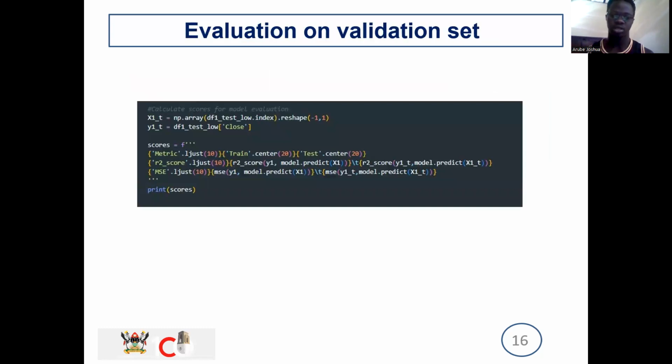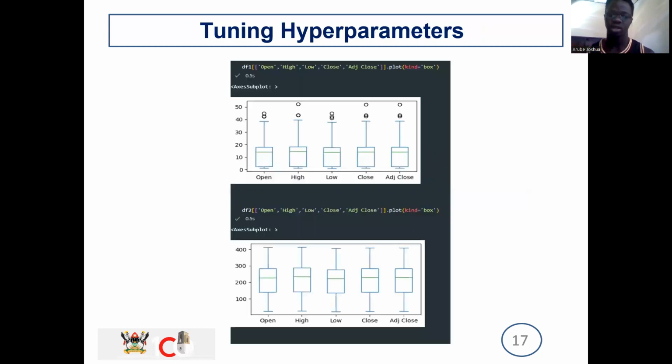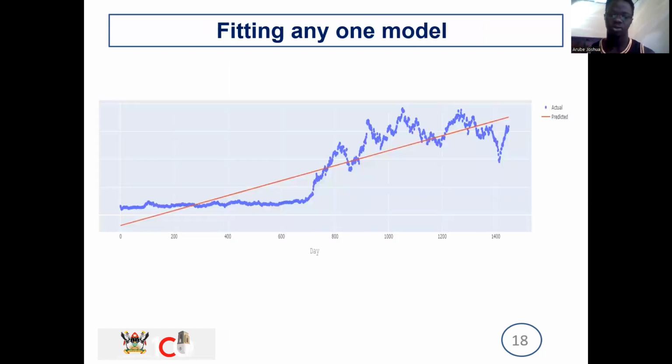So this basically shows how we did it and the formulas we used, whereby the mean squared error helps us get the error. In linear regression, we use the line of regression, which is that red line.